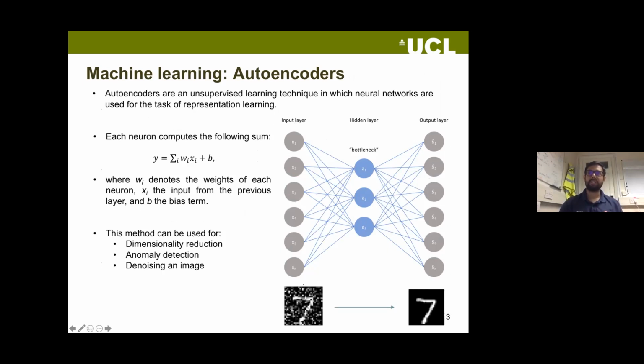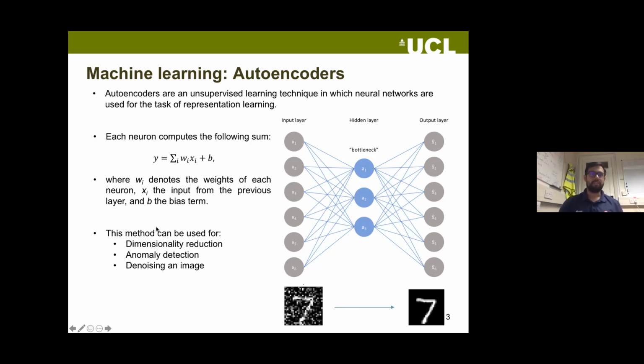Then the error between the output and the input is used to optimize the lower dimensional representation of the distribution in the bottleneck layer. We can then output the bottleneck layer as our reduced dimension.